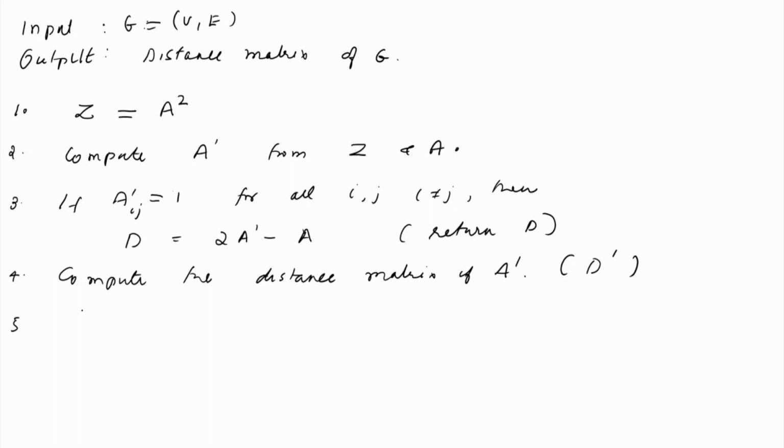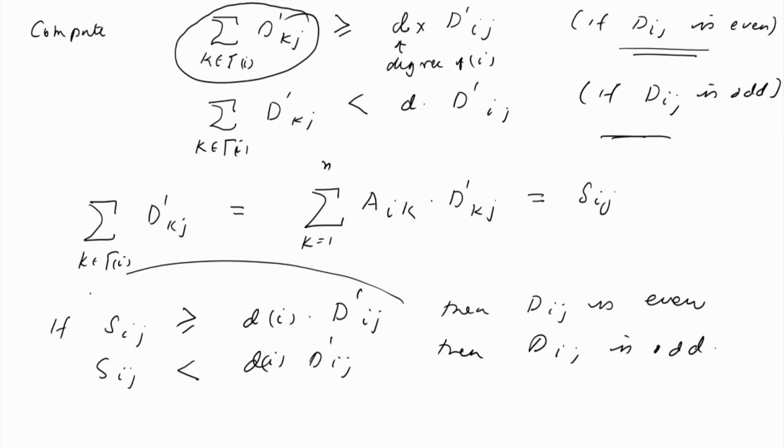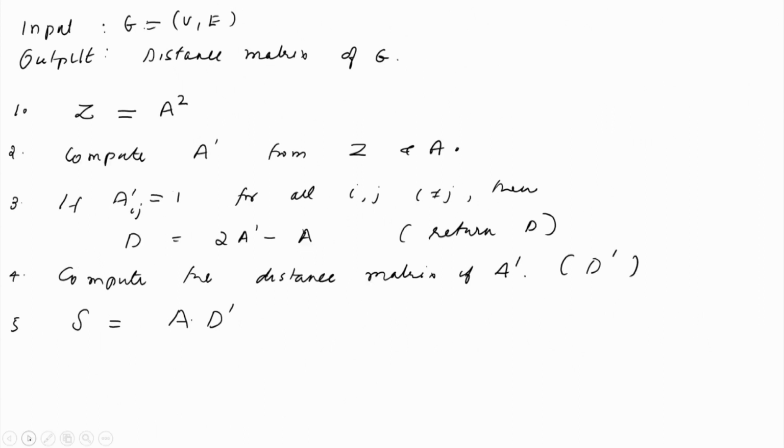We will compute S equal to A times D prime. We are computing A times D prime so that we can do this check, which helps us determine whether d_ij is even or odd. And from S we are going to compute D.